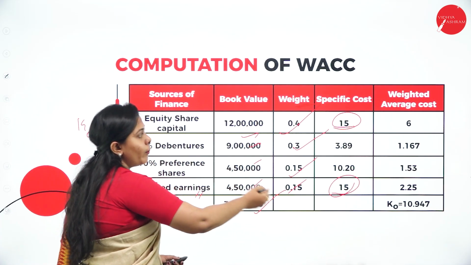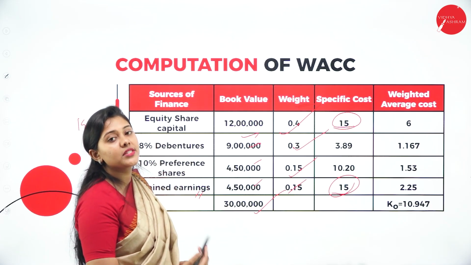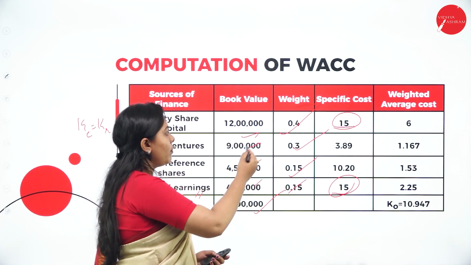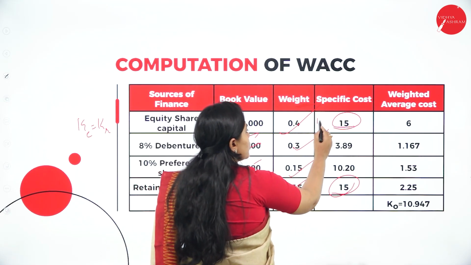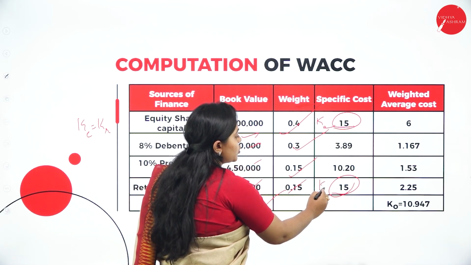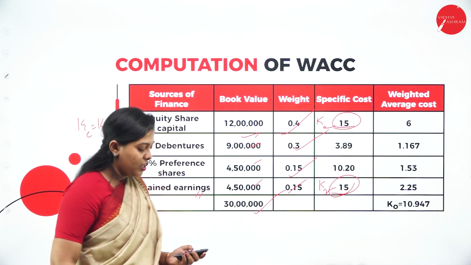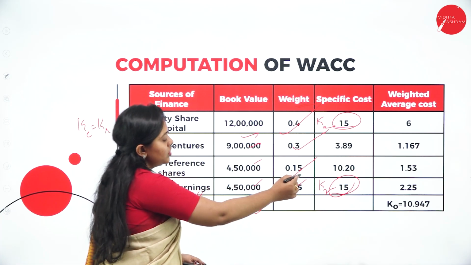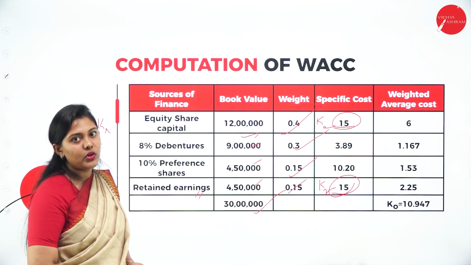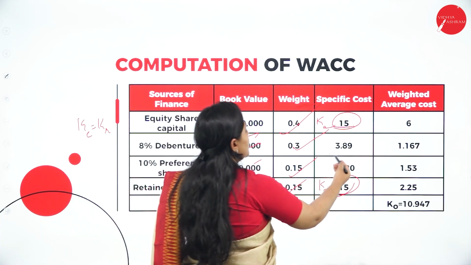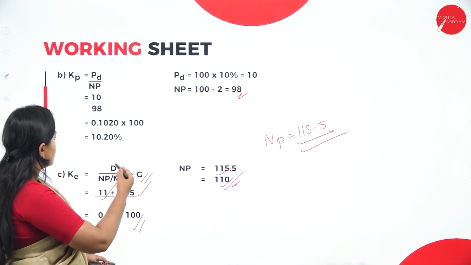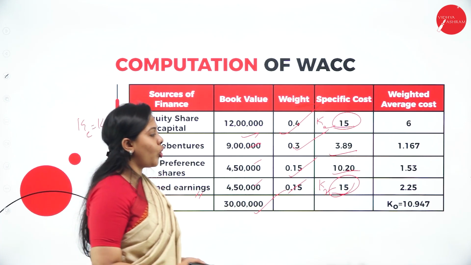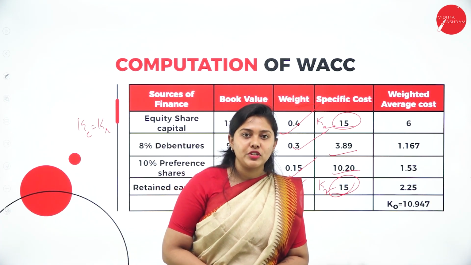And if you compute the specific cost, whatever specific cost we have calculated, we will take that up. So 15% will be our cost of equity. Retained earnings also will be the same, 15%. This 8% debenture value is your 3.89%. We have taken the debenture value. 10.20 is your preferential, the specific cost we have calculated for the cost of preferential shares.